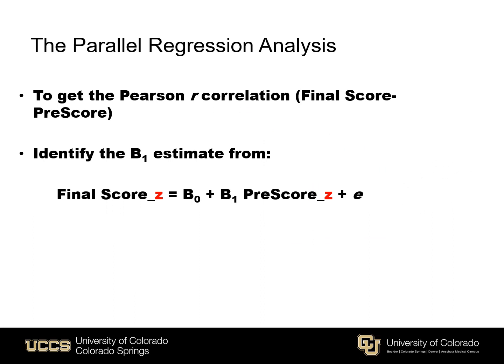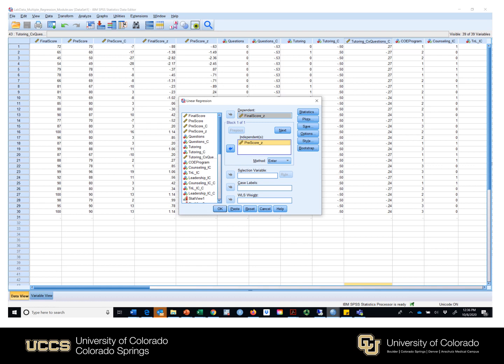Just as a reminder from a few slides ago, the parallel regression analysis to the Pearson R correlation is to regress the z-score equivalent of final score on the z-score equivalent of pre-score, and then identify that B1 slope from that regression model and compare it to the Pearson R correlation we just estimated. To run this regression, I'm going to use my similar Analyze, Linear Regression menu.